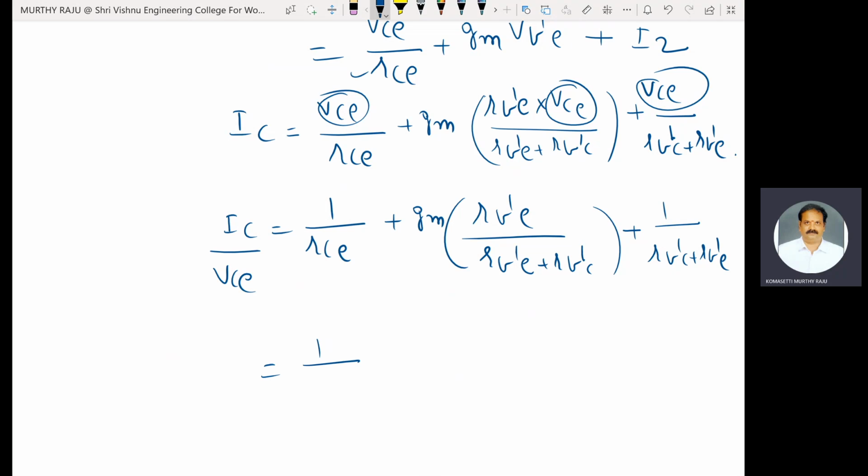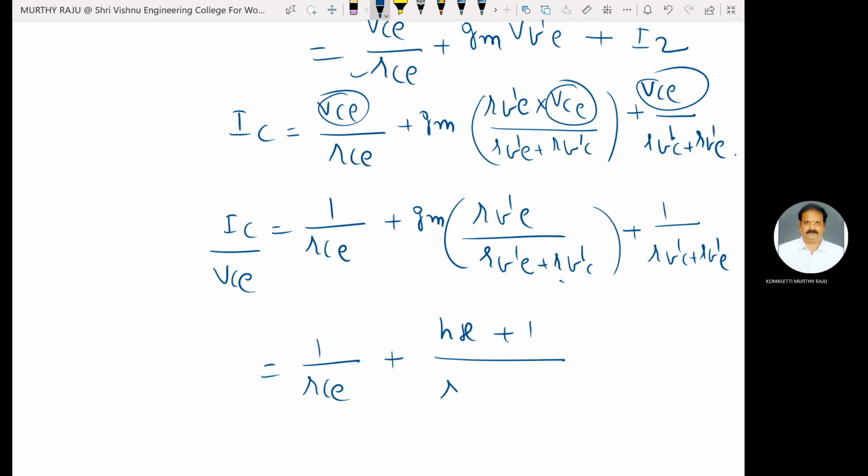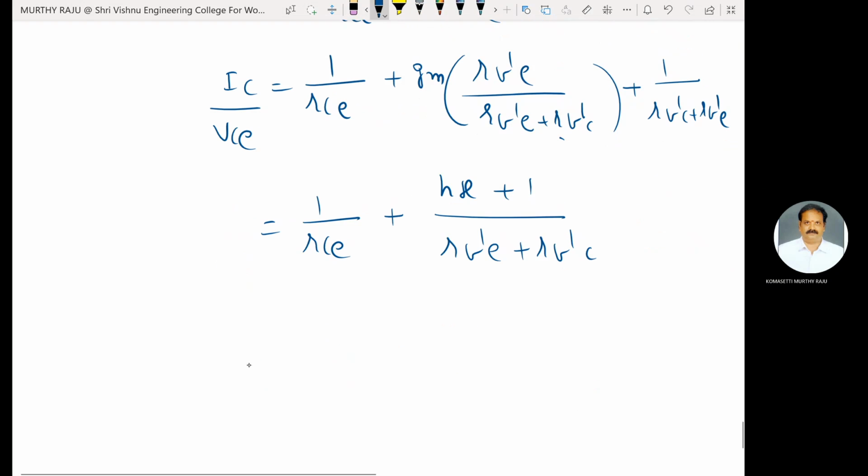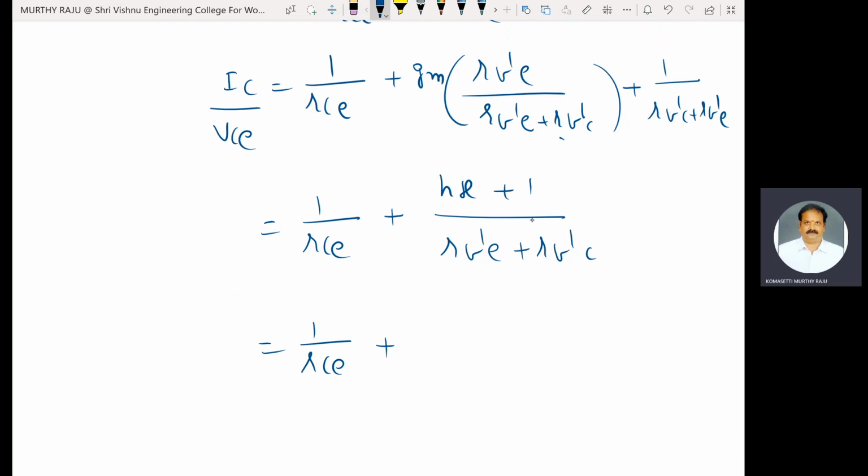Therefore, 1 by RCE plus GM into RB'E is HFE, with RB'E plus RB'C as the common term. So IC by VCE is equal to 1 by RCE plus (HFE plus 1) by (RB'C plus RB'E).